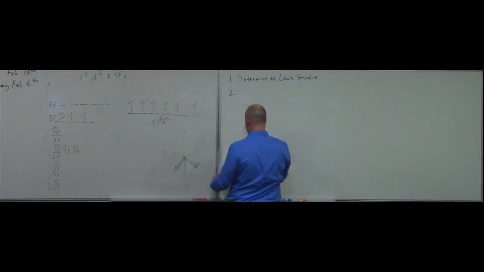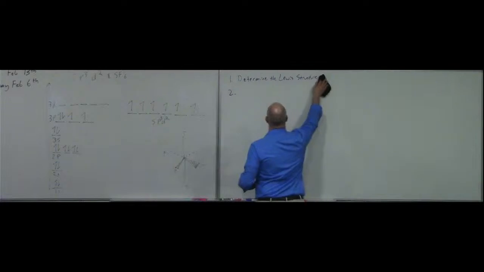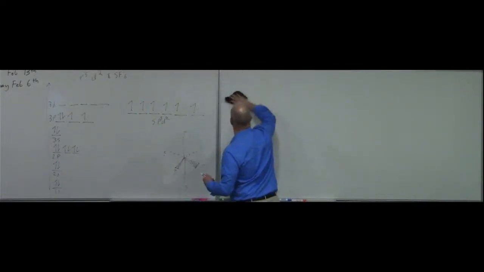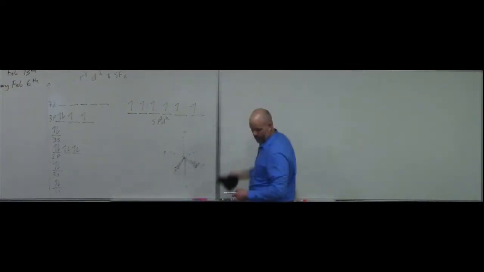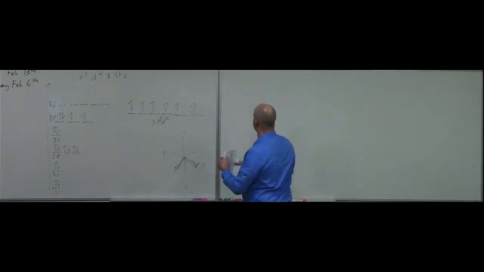Give me 1 second. I need to tell you why we're putting these rules. Let me do that. Number 1. All right, so this is assigning hybrid orbitals to central atoms.